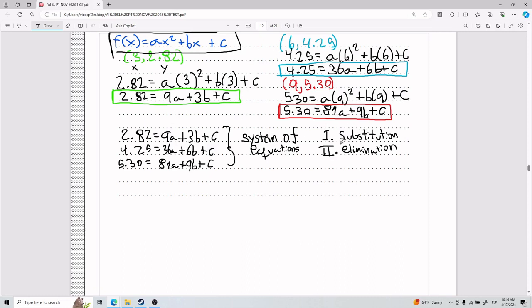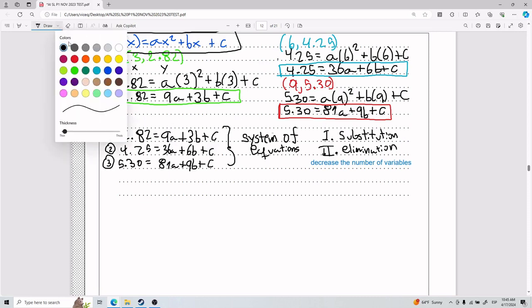So the whole point of substitution and elimination is that you decrease, and this is the key idea, you decrease the number of variables, okay? So notice right now, we're going to call this my first equation, this one our second, this one our third. In our starting point, how many variables do you have?